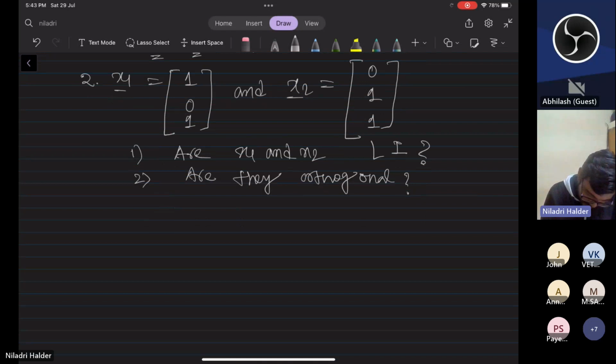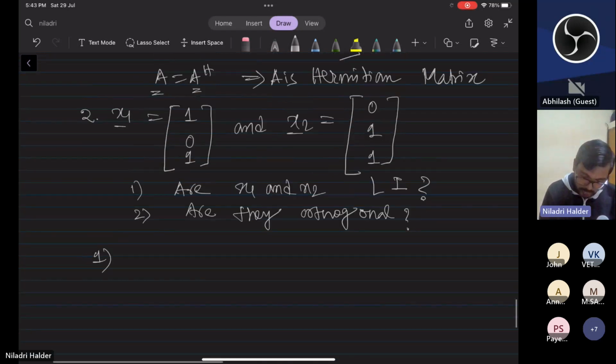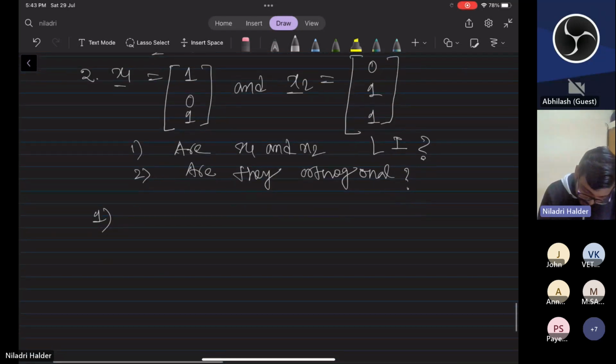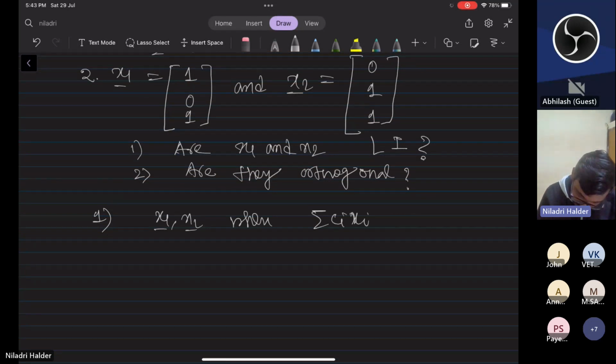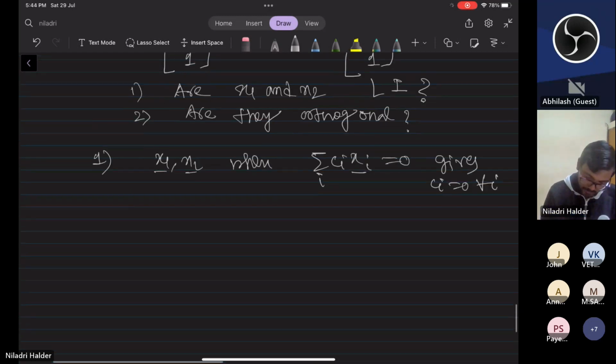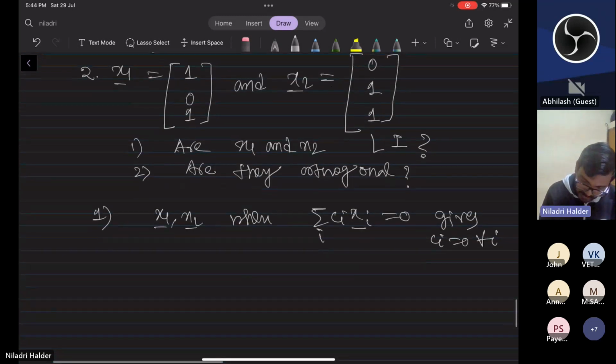For the first question, we know how to check whether two vectors are linearly independent. Suppose x1 and x2 are two vectors, then the summation of ci xi equals 0 gives ci equals 0 for all i. Let's check whether this condition is satisfied.